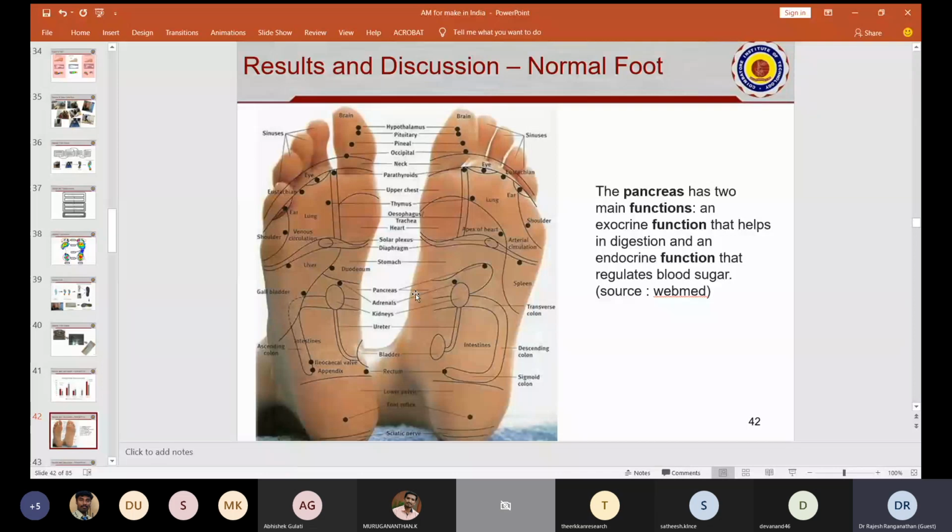And with our regular footwear, the pancreas never gets activated, and that is why diabetic patients tend to be more prone towards it. Whereas the moment we go for these custom insoles, the entire surface area of the foot gets loaded, and this region also gets loaded. And our claim is it won't reduce the diabetes level, but it would prolong the time to any foot issues.